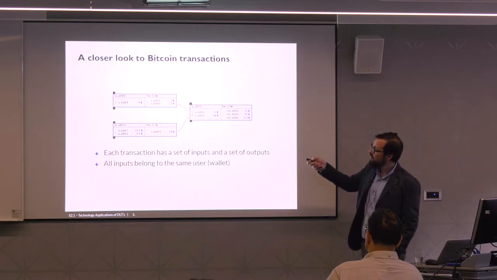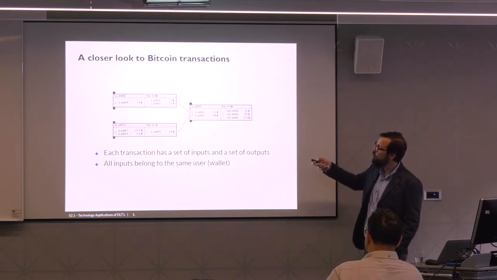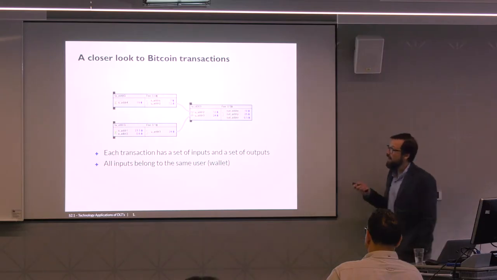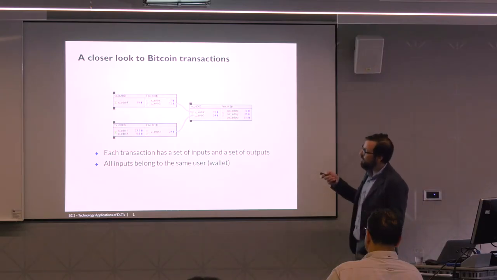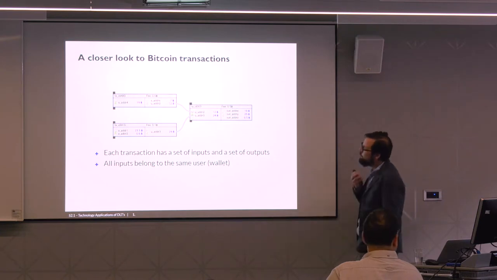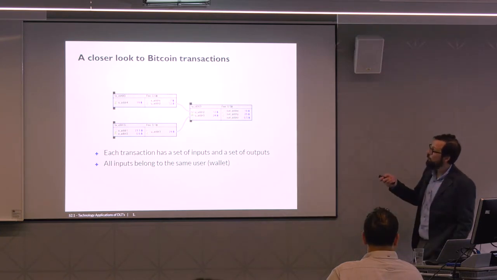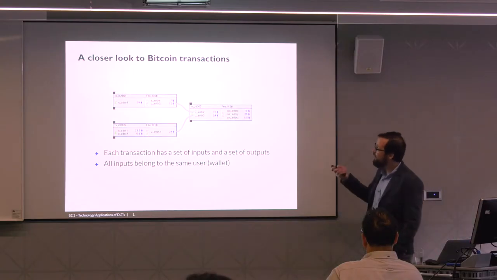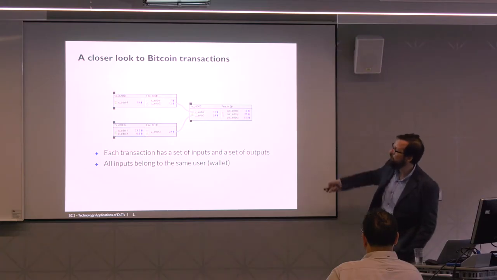Therefore, by looking at the previous information in this transaction, we know that this address can actually spend these 12 Bitcoins, and the second field of the input of this transaction is a pointer to this other transaction in which this other address received the right to spend 24 Bitcoins. Once again, the output is constituted by a set of other addresses that are going to link back to this transaction when they want to spend it.